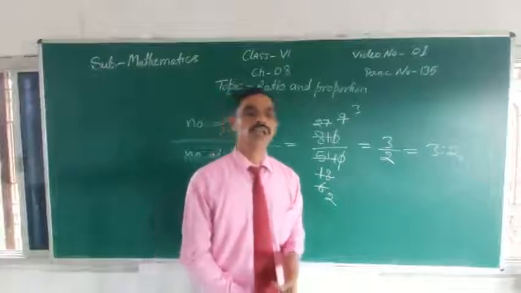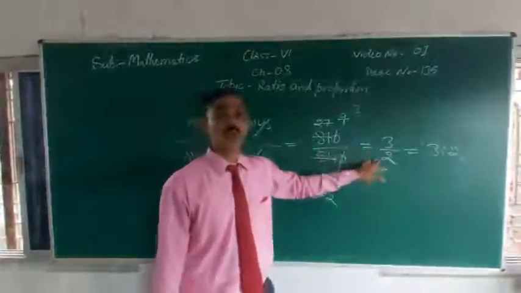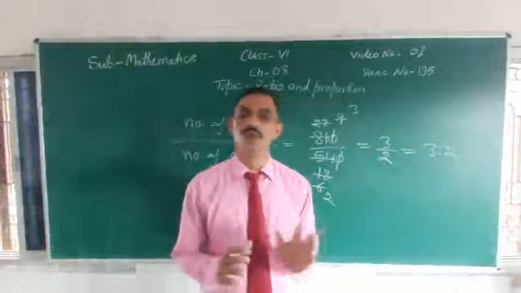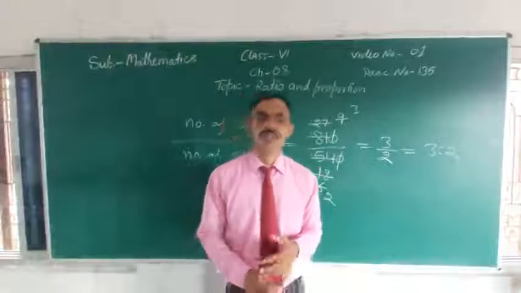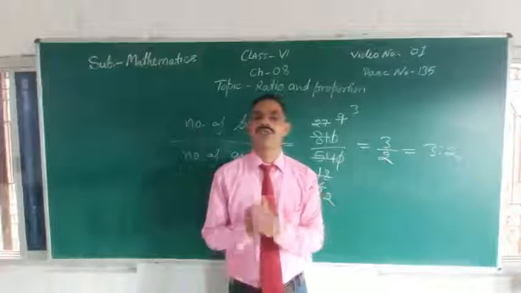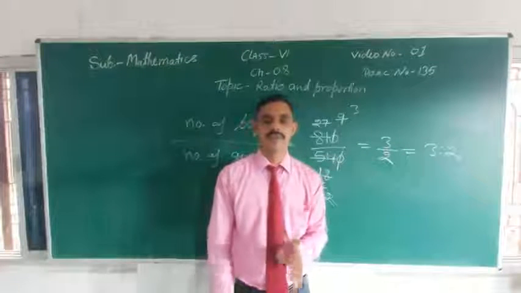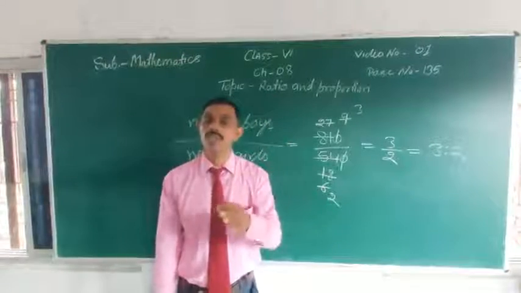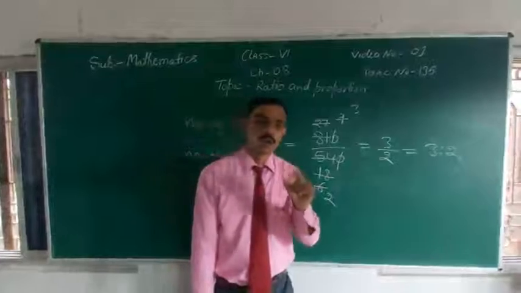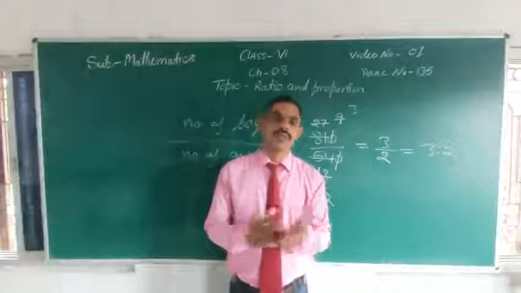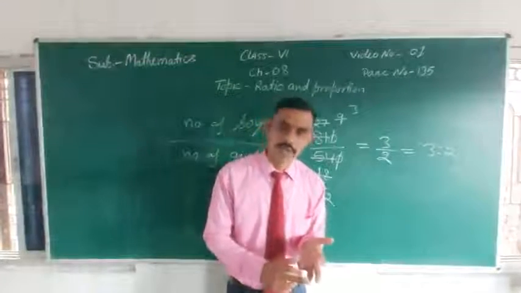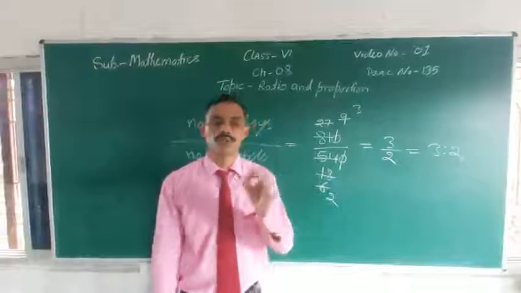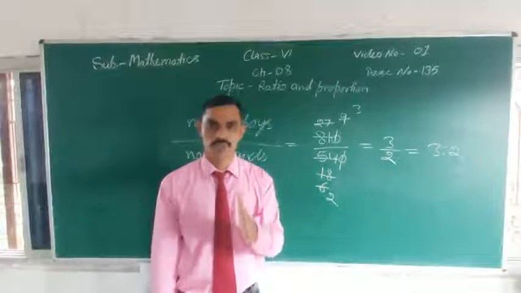And third, as you know, ratio is a fraction, so it has no units. Fourth, a ratio does not change if both of its terms are multiplied or divided by a non-zero number. Look how.